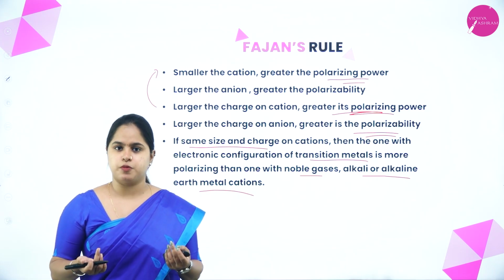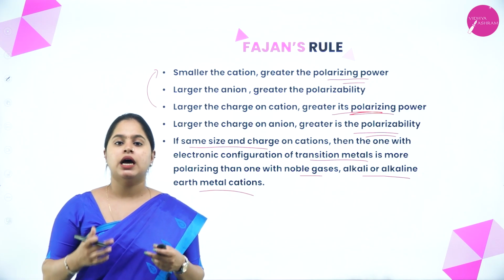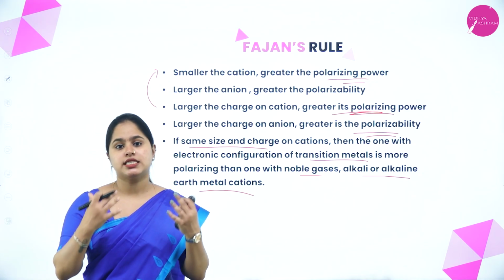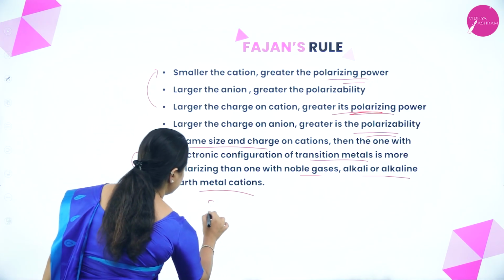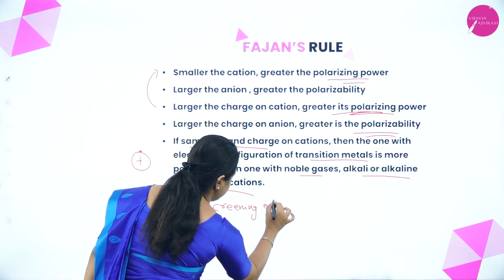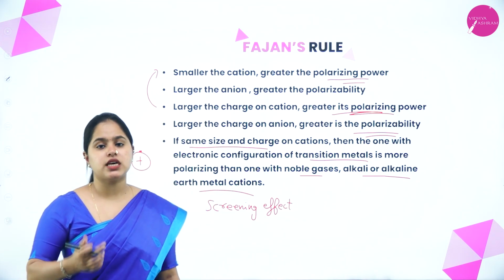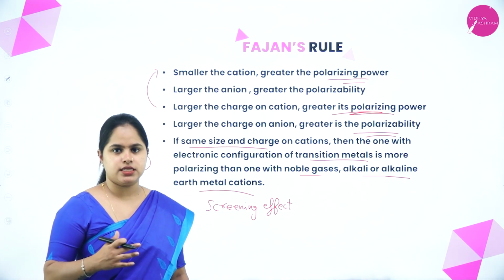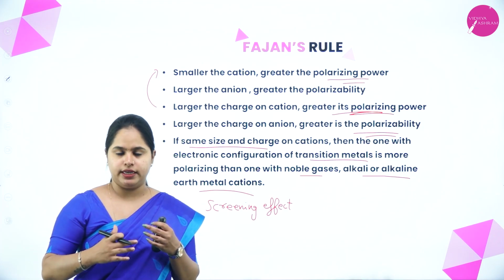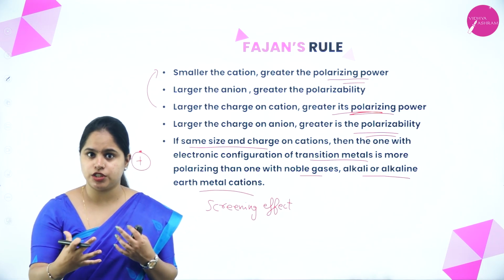Why is that? Because the d orbitals have less screening effect. The screening effect of d orbitals is very less. That means now the nucleus and the electrons are having a good interaction with each other.